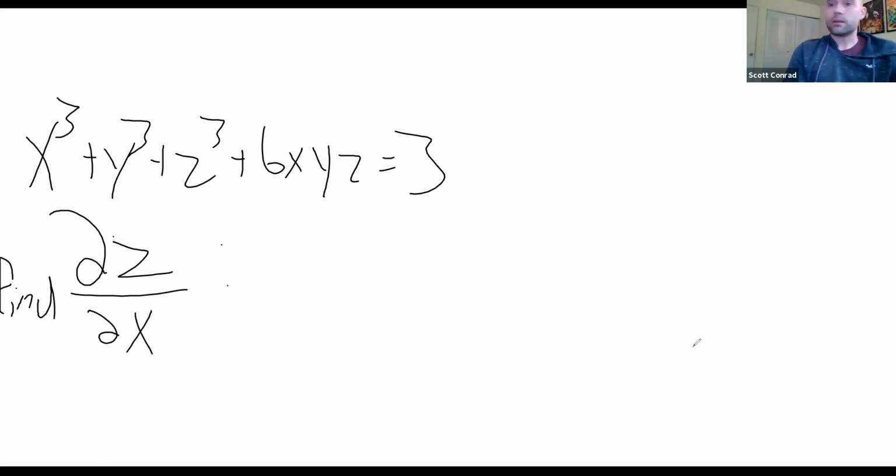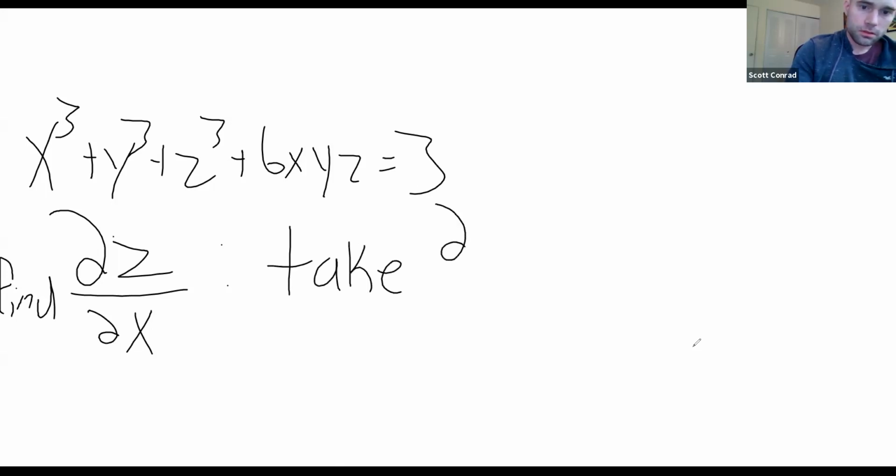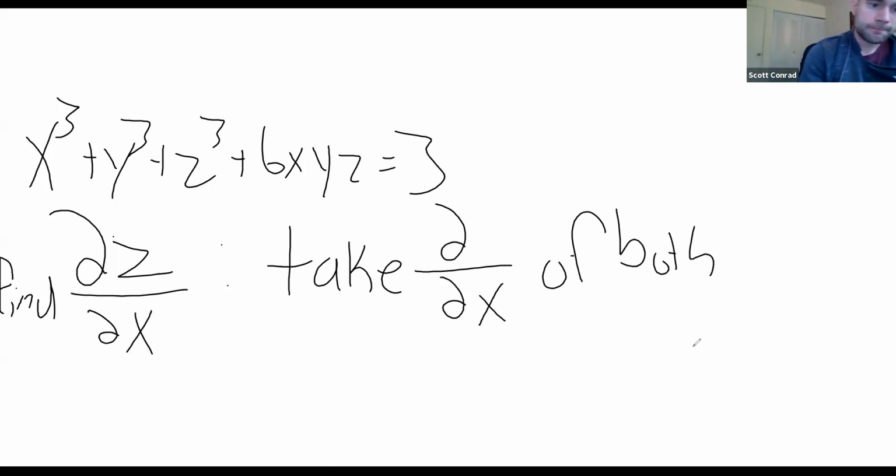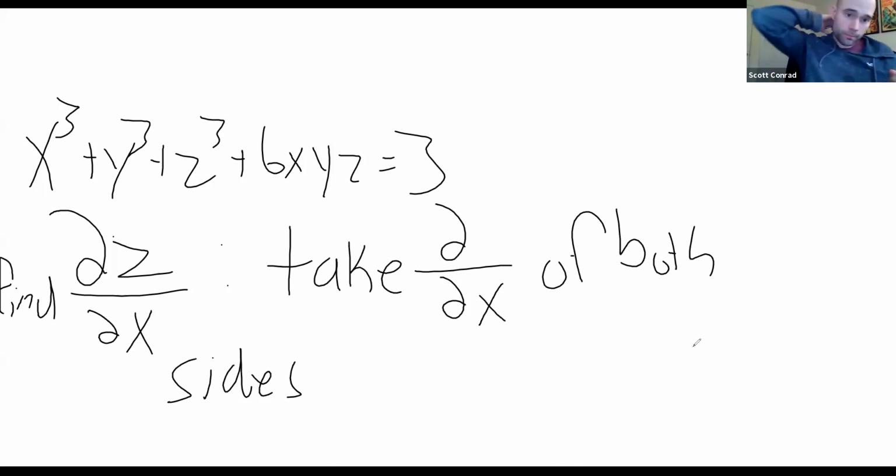So you're going to take the partial with respect to x of both sides. That means, remember, wherever you see y, you treat it as a constant, and you differentiate as usual with respect to x. The difference now is we also have z.